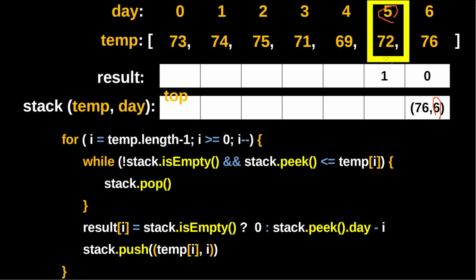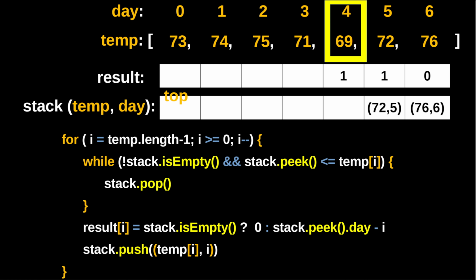The next item is 72, which is on day 5. 72 is a lower number than the top of the stack, which is 76. So we take the top of the stack at day 6, and we subtract the current day, which is day 5, and we get 1. So results[i] is 1. And then we push 72 and 5 as a tuple onto the stack.